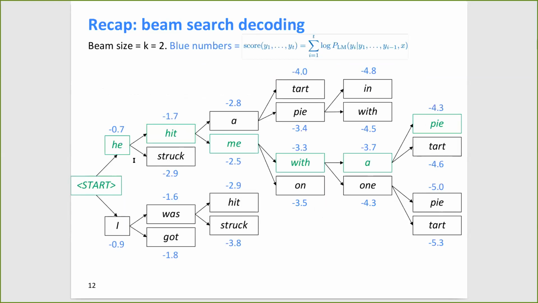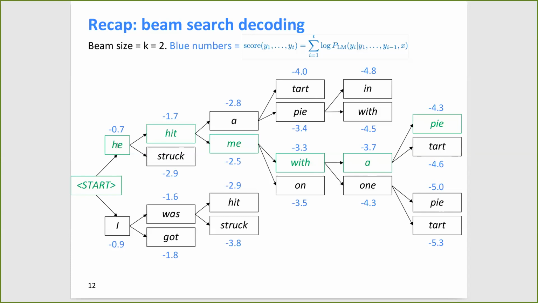Let's say that at each position the beam size k equals 2, which is why we see the branching is two-way. If it is 3, we will have another path here. So let's go through this example. We got started with the word he. Then the model generates two hypotheses. The next word could be hit, or the next word could be struck. And then it goes through each path.